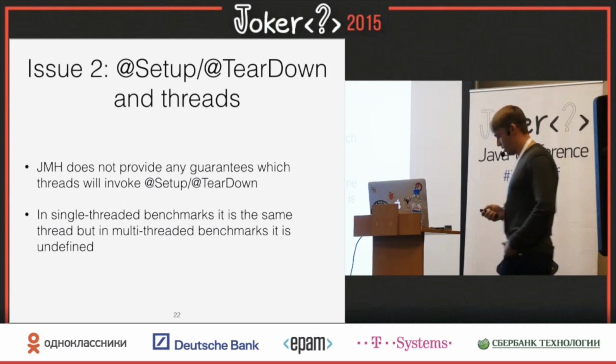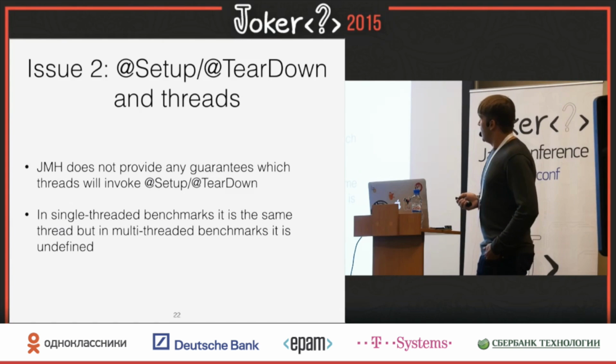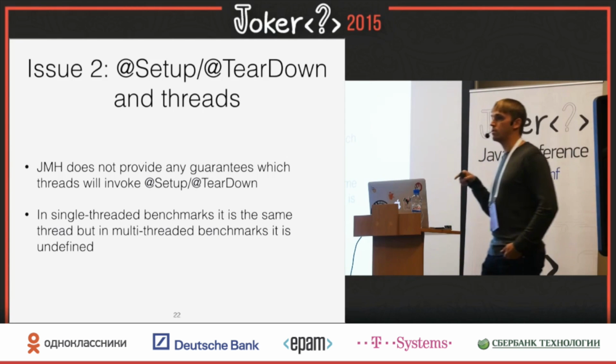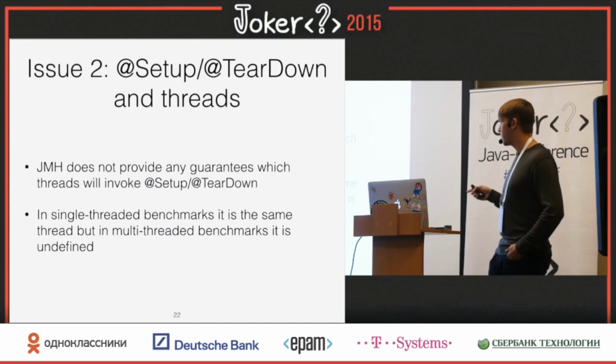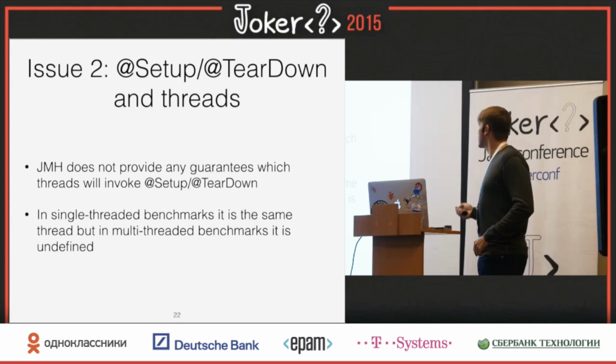Another issue, especially if you're into some internal state, is that when you use setup and teardown and multiple threads, there is no guarantee of which thread is going to do what. If you're on a single-threaded benchmark, it's easy. You have a worker thread, it does your setup call, your benchmark call, your teardown call.